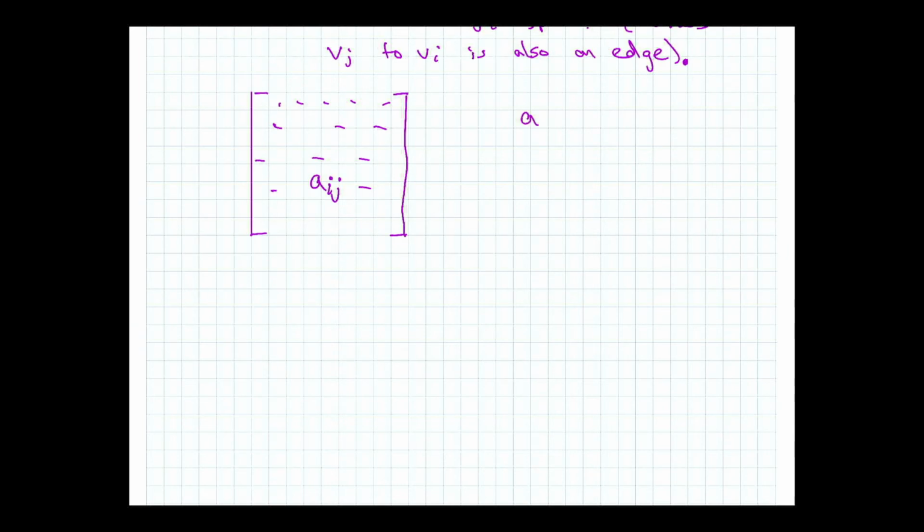Remember that in A_ij, i is the row, j is the column.